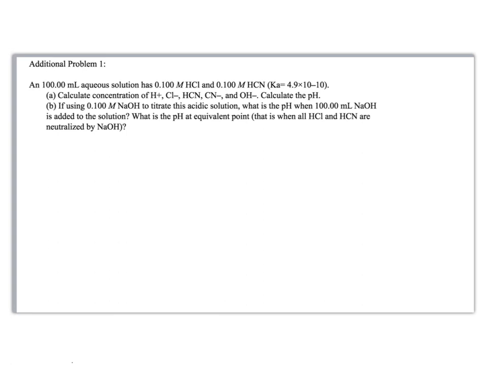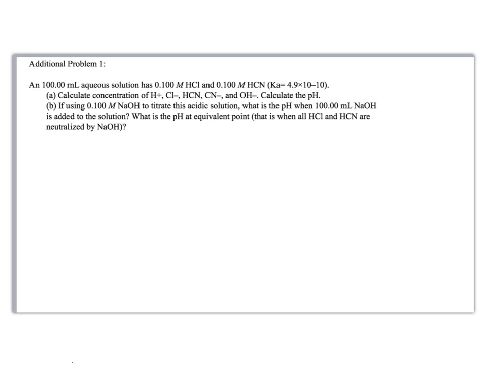Because the strong acid, hydrochloric acid, will dissociate completely, 100%, and the weak acid, cyanic acid, will dissociate a tiny bit, as we saw in part A. To simplify the thinking process, we can assume that the strong base, sodium hydroxide, when titrated into this mixed solution, will react with the strong acid first. Only after the strong acid is consumed completely will the added base start reacting with the weak acid.